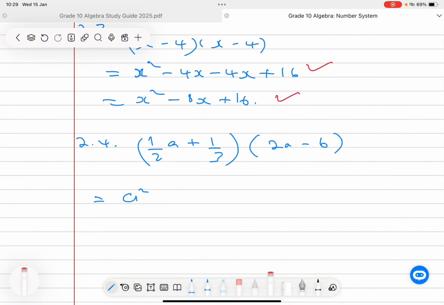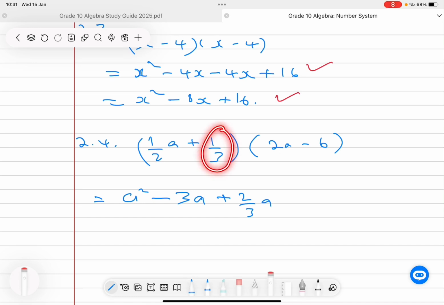So this will give me negative 3a. Now I'm going to multiply the inner terms, 1 over 3 and 2a. So I'm having 1 over 3 times 2a, which gives me 2 over 3a. So here we're going to have a plus 2 over 3a.